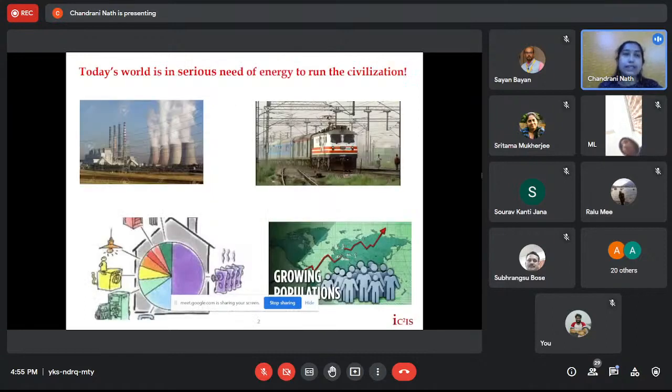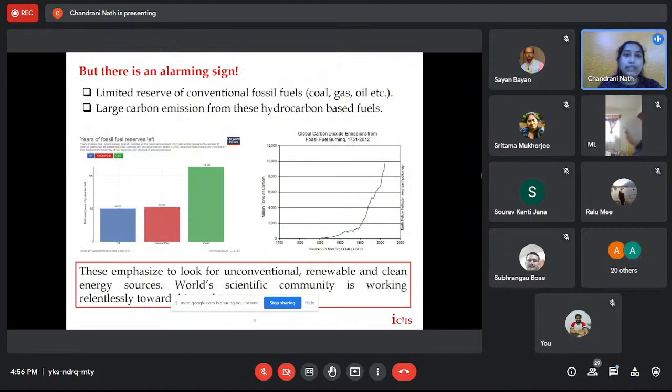So today's world is in serious need of energy to run the civilization. Why? Because we need energy to run industries, run automobiles, to meet the household requirements. But then the growing population has increased this energy demand by many folds. So there comes the real concern. This increased energy demand is showing an alarming sign.